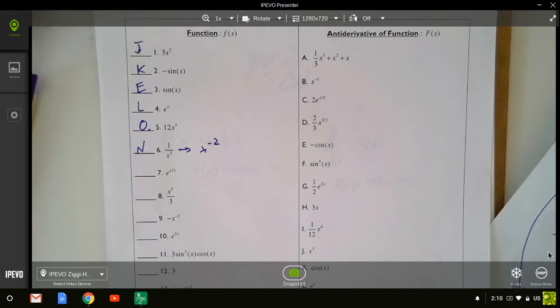So you're saying the derivative for this would be e to the x squared, right? But also the chain rule. Don't forget the chain rule. Let's work backwards, right? What we have up there on number 7 is e to the x over 2.